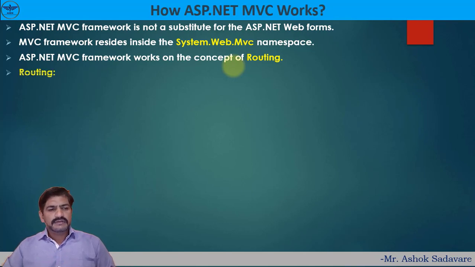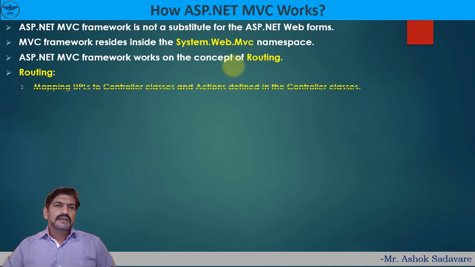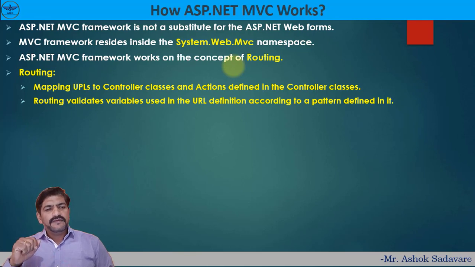So what is routing? Routing means mapping the URL request to the controller classes and the actions defined in the controller class. Each and every request is mapped to a controller class and its actions. The routing validates variables used in the URL definition according to the pattern defined in it.